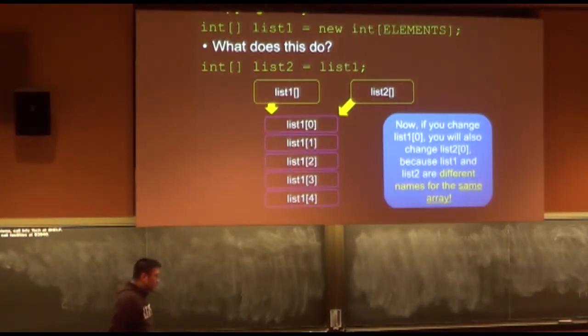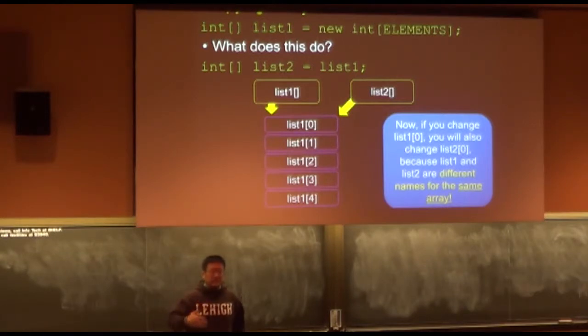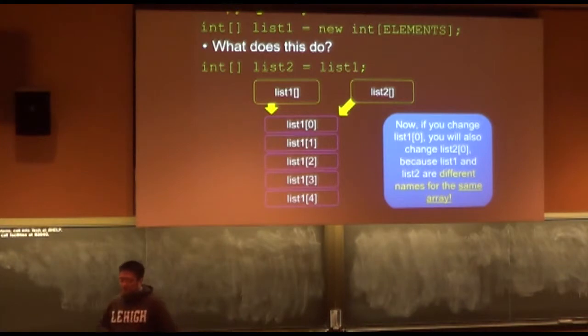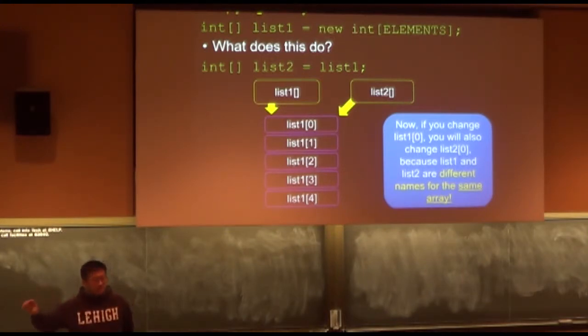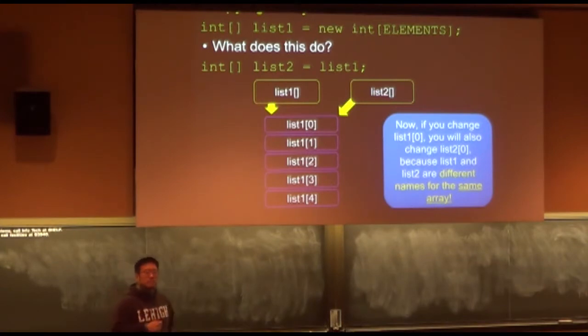Another thing that you should be aware of is how exactly we copy arrays. So far, you've seen variables, and single variables can be copied very easily by declaring a new variable and storing the value of the old variable into the new variable. But if you want to copy an array, you've got a slightly different problem.